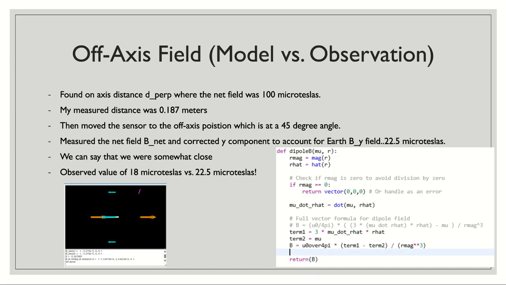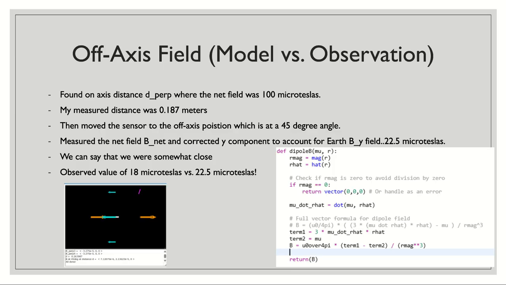Okay, so the off-axis field. We're going to compare the model and the observation data that we got. On the axis, the field was 100 microteslas at a measured distance of 0.187 meters.